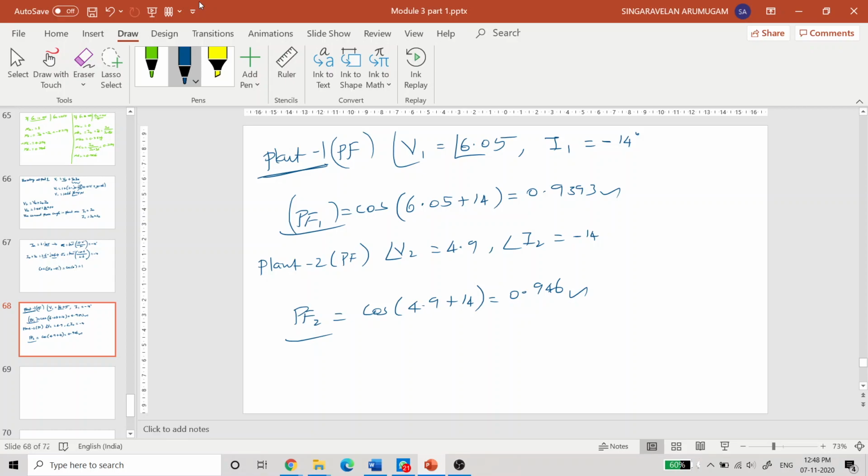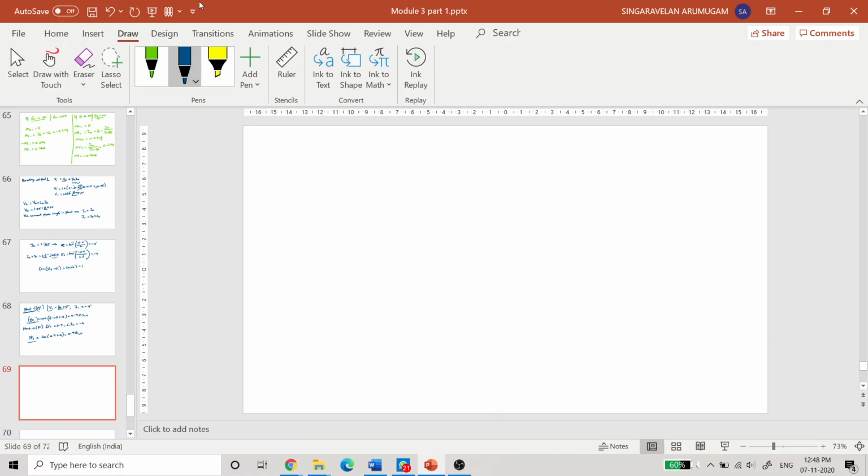Finally we need to find out the loss coefficients. As per the question, we find out the power factor, then finally the loss coefficient values we need to do. So the loss coefficients are B11.